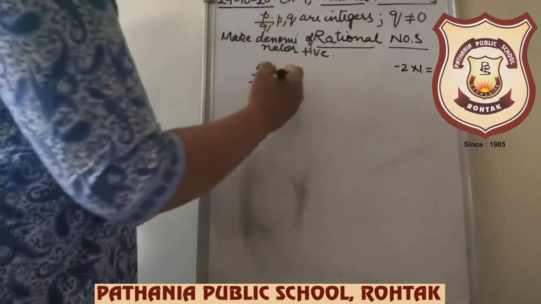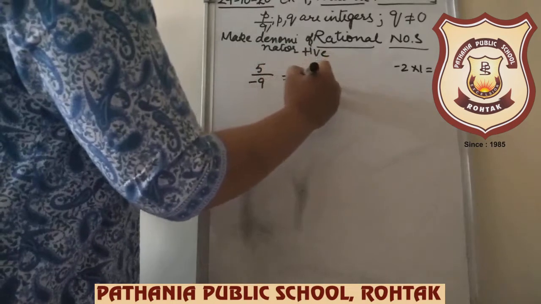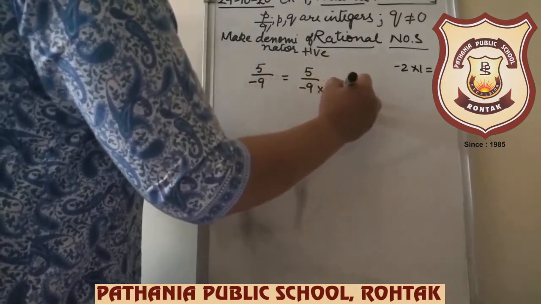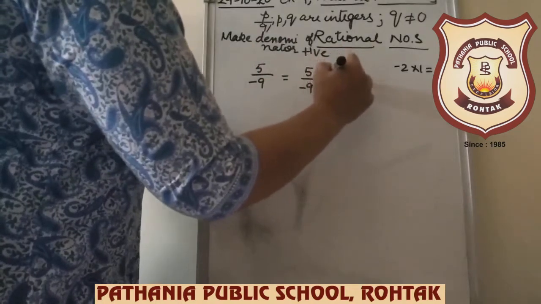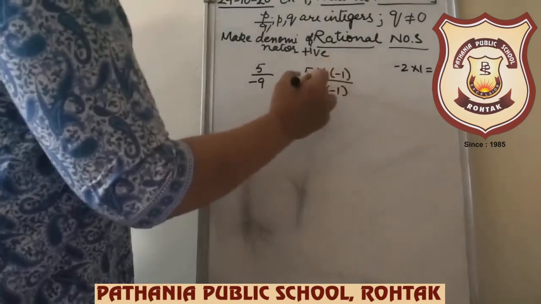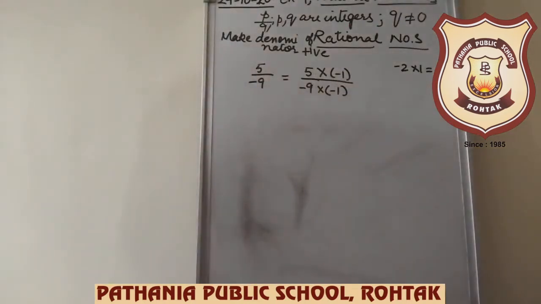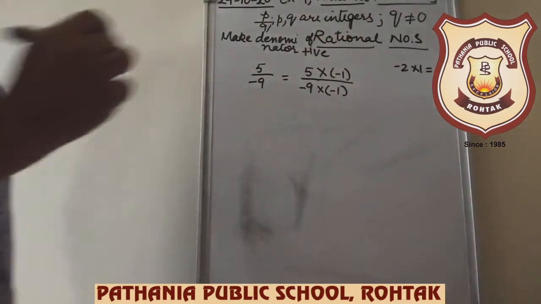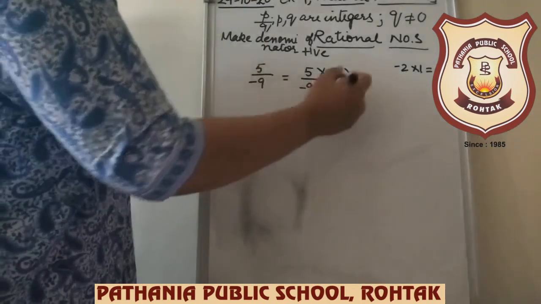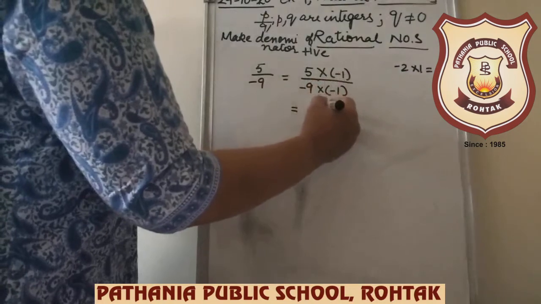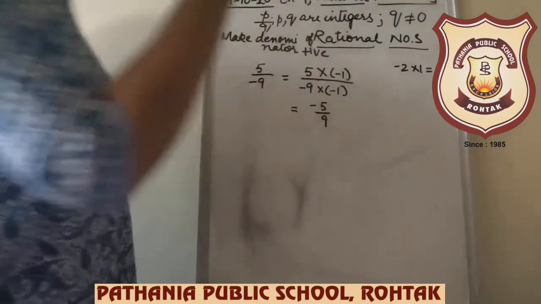How will you do? So I will multiply the numerator and denominator with minus 1, because the value of the integer will remain same. Only the sign will get changed. So minus minus, it will become plus. So minus 5 upon 9.